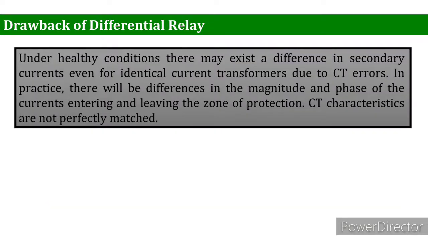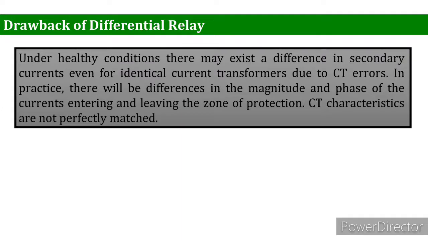Collectively, if we talk about the differential relay, like we have discussed the disadvantages of current and voltage differential relay, we can see that under healthy condition, there may exist a difference in secondary current even for identical current transformers due to CT errors.